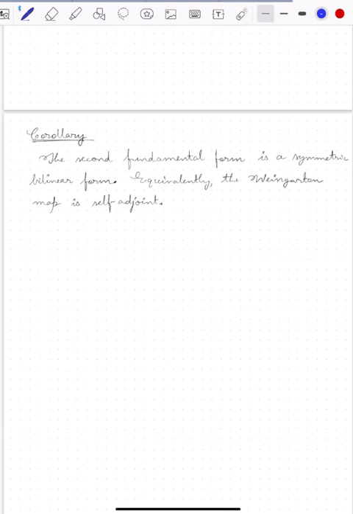So the way it comes out is, what is the definition of self-adjoint?